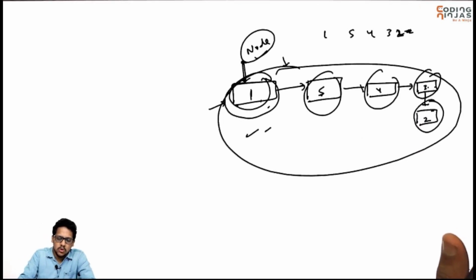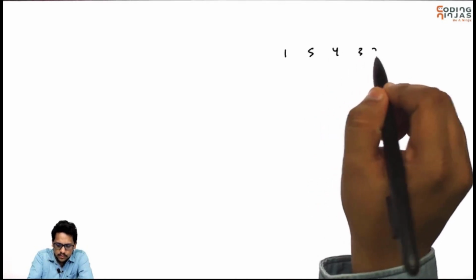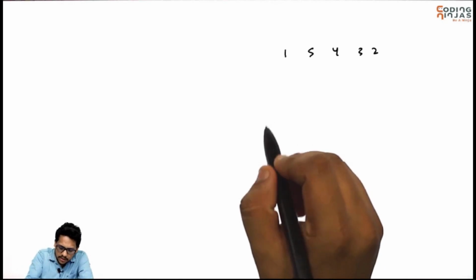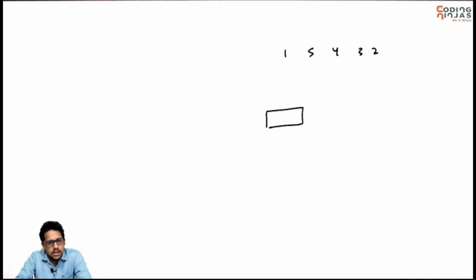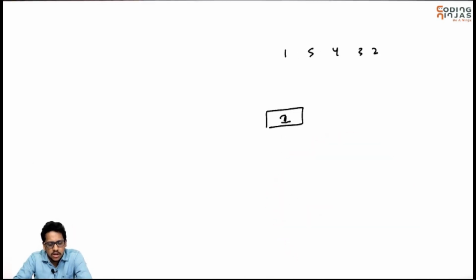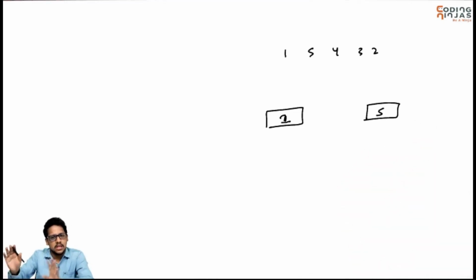For that, if we have elements like this, 1 5 4 3 2, first 1 will come and we will create a memory here and store 1 in that. Now the next element which has come is 5, so 5 will be stored somewhere in the memory.